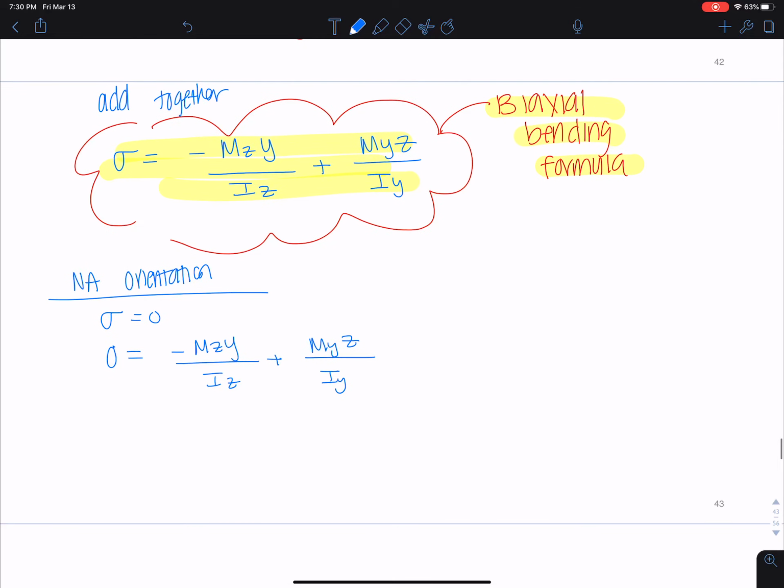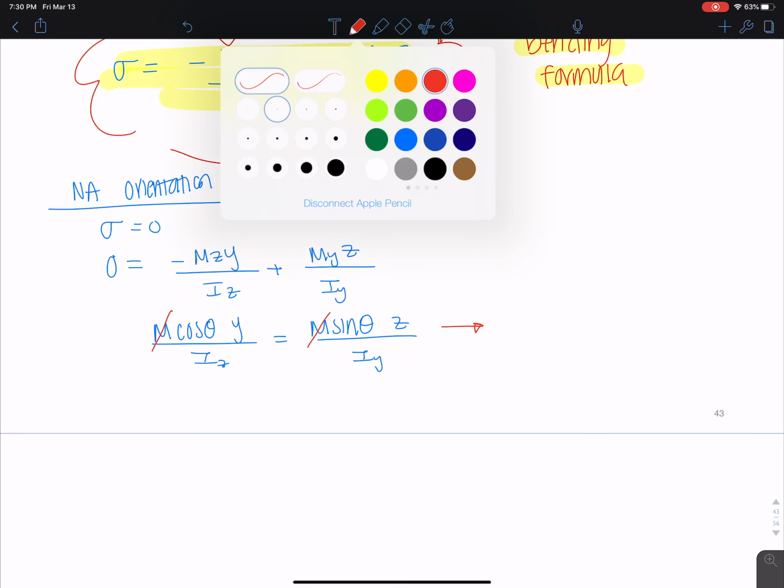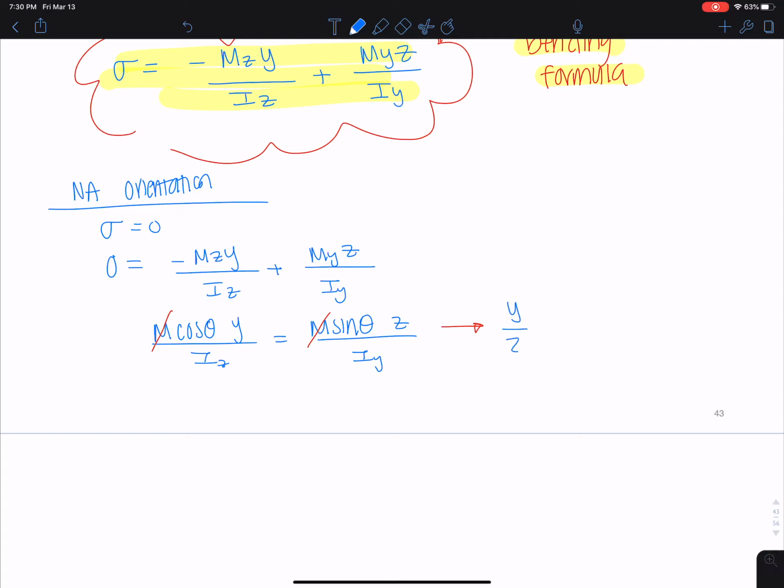And we can plug in what we know here. We have M cosine theta y over Iz, actually we're going to set them equal to each other, we'll put one on each side, equals M sine theta z over Iy. You can see here that the M's cancel out. And if we simplify all this, we get y over z equals sine theta over cos theta times Iz over Iy.